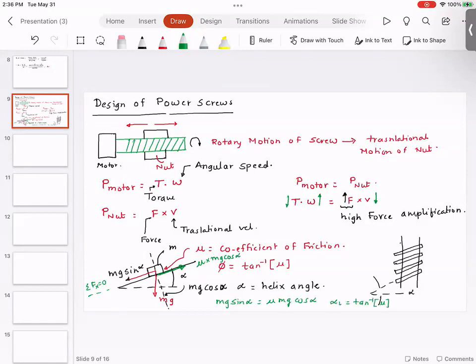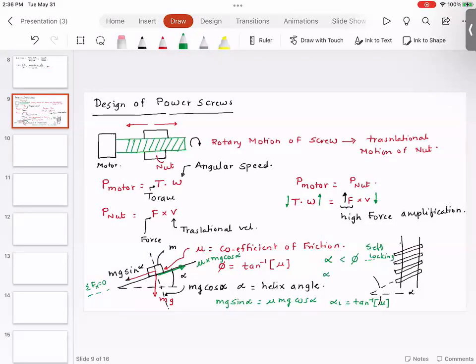So what it means, if the helix angle alpha is less than the friction angle, the screw is called self-locking.